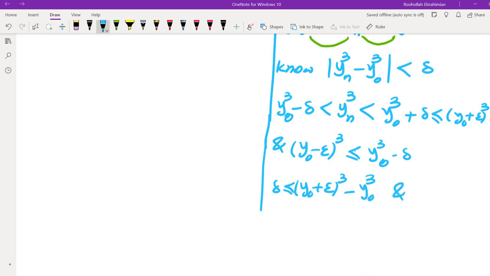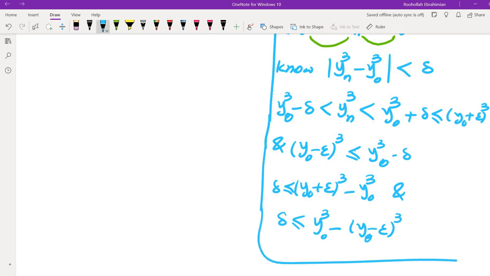And the second one tells me delta is less than or equal to y0 cubed minus y0 minus epsilon cubed. So I would need both of these. And of course, y0 plus epsilon cubed minus y0 cubed is a positive number, and so is y0 cubed minus y0 minus epsilon cubed. If I take the minimum of those two, then I would be able to achieve what I want.